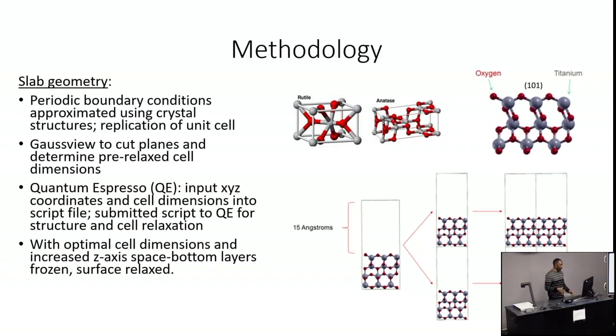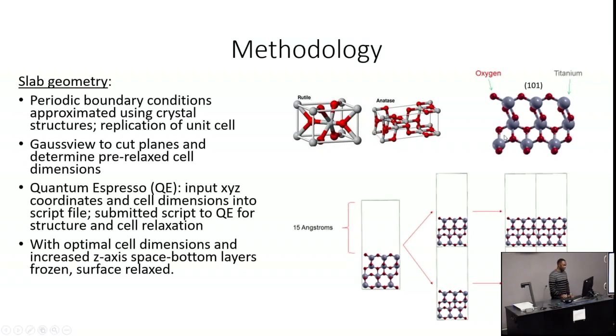I won't go into the nitty-gritty, but we develop these large slab models, and then we cut the planes based upon existing research and what the surfaces look like. So we cut it down to this, a 101 surface. We cut it down to this 4 layer, and the gray atoms are titanium and the red atoms are oxygen.